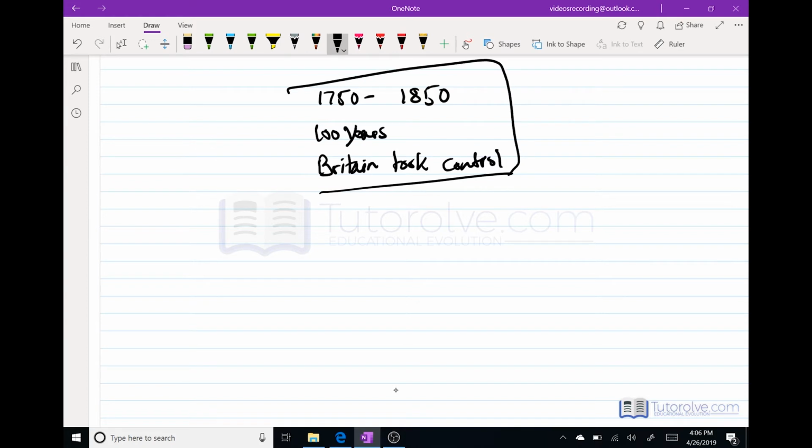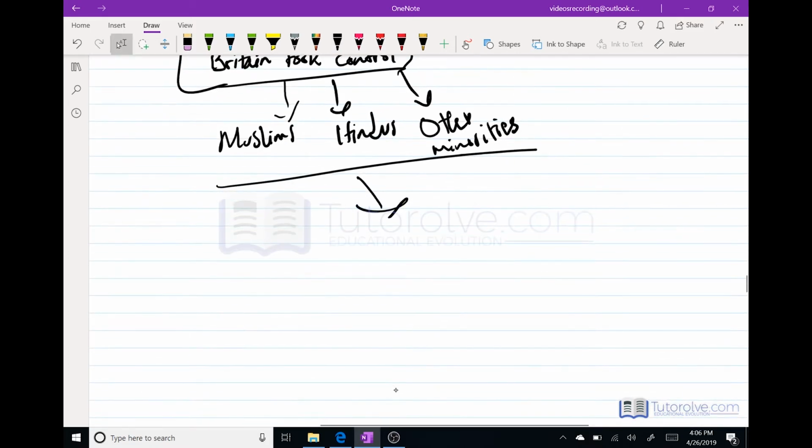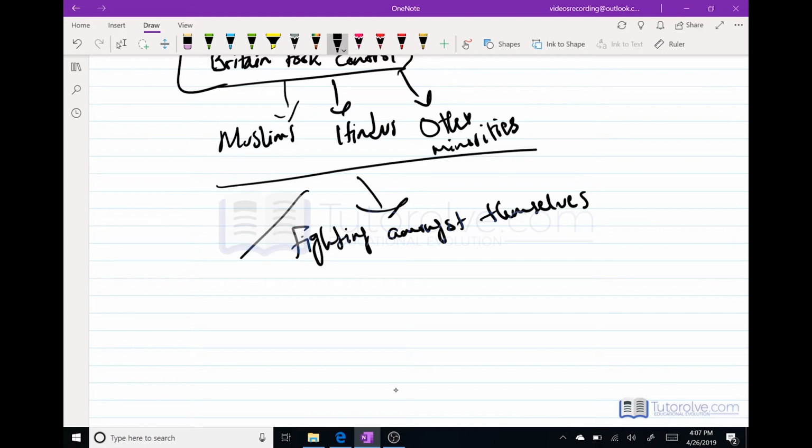And the reason why they did that was because Muslims, Hindus, and other minorities were all fighting amongst themselves, and there was no central rule.